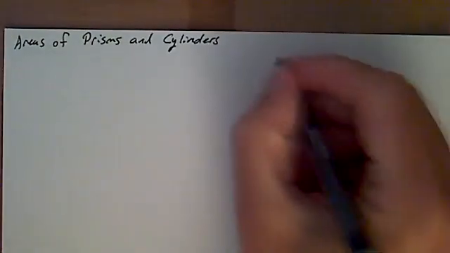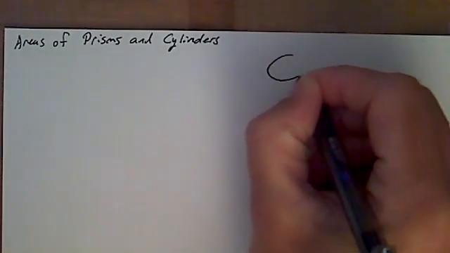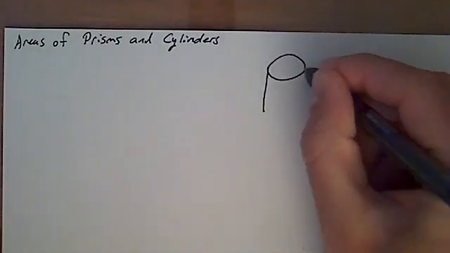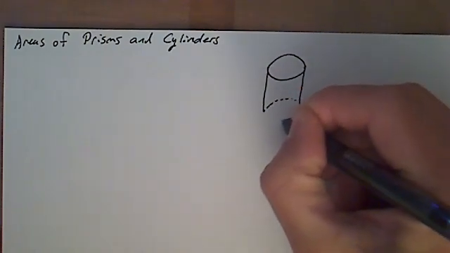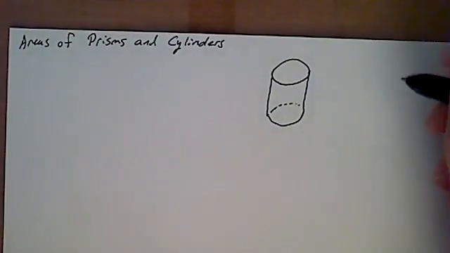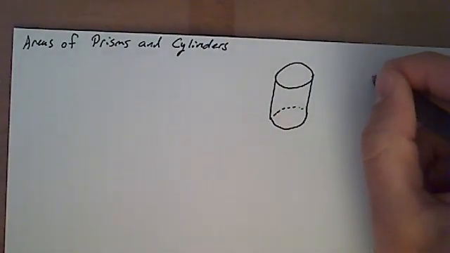So just a quick reference, if we had a cylinder, it might look something like this. Or if we had a prism, it might look something like this.